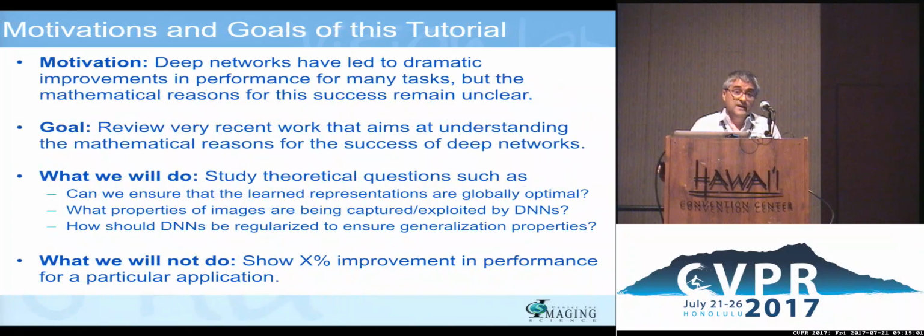So to summarize, the motivation of this tutorial is that deep networks have led to dramatic improvements in several tasks, but we don't necessarily understand the mathematical reasons for it. So the goal of this tutorial is to review recent progress at understanding 3 key properties of deep neural networks. One is optimization properties: can we guarantee that the weights that are learned are globally optimal?